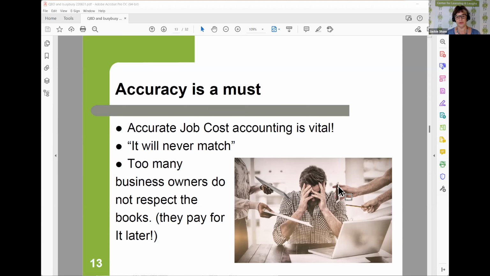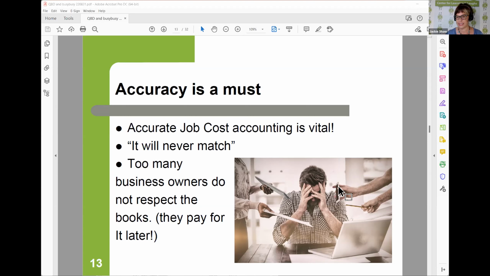And those that have been through this kind of situation really do learn to make it a point to have good bookkeeping and understand the bookkeeping. I had an experience with another accounting professional. My mentor and I were meeting with her, and she said that when it comes to the P&L and P&L by job, it will never match.